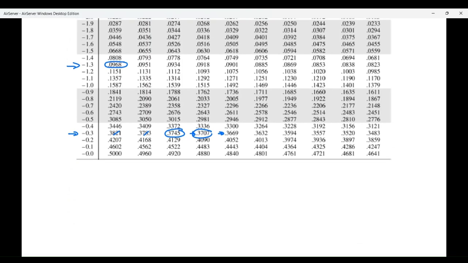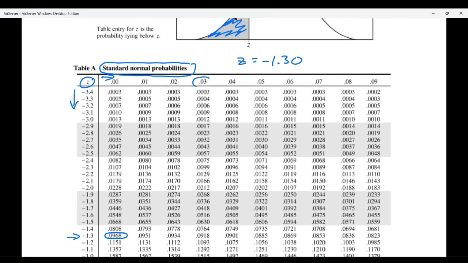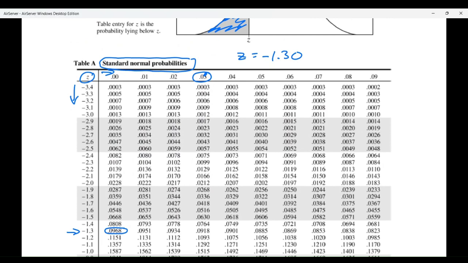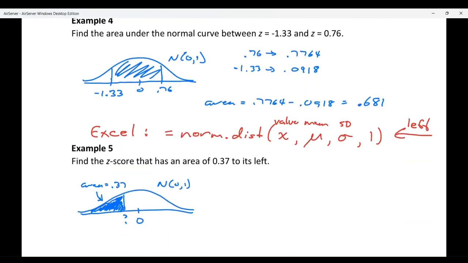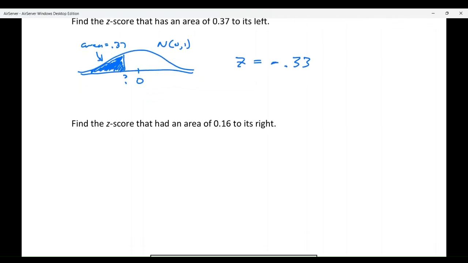So that is negative 0.3. And then if we go up to another 3, so it's negative 0.33. So that's our z-score for that problem. So this is going to have a z-score of negative 0.33.